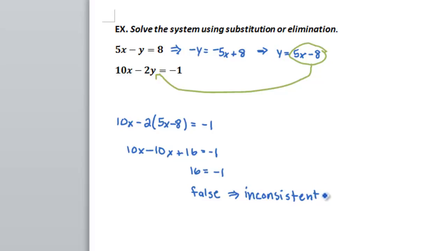So if we were to graph those two equations, they would come out to be two parallel lines. And that's the other special case.